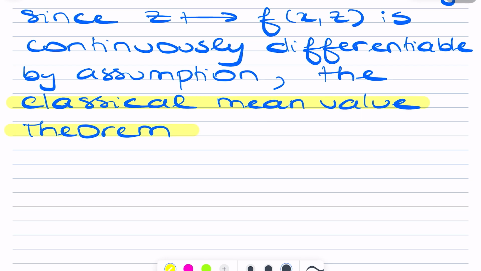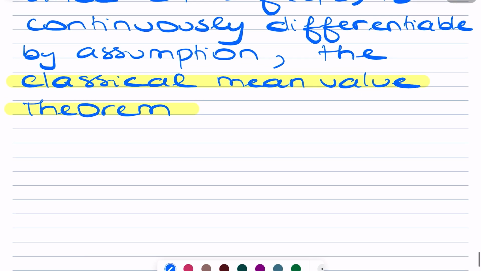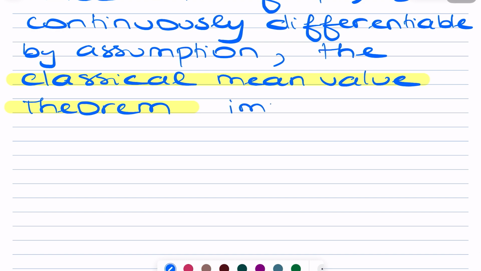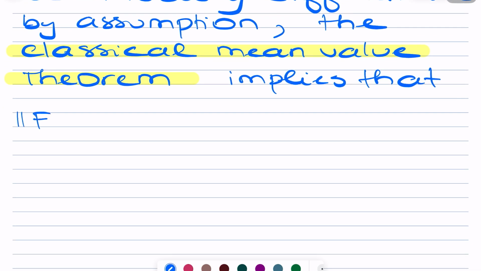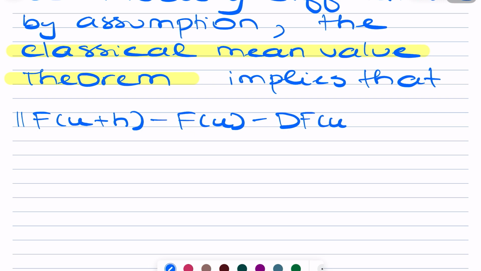So the classical mean value theorem implies that the Lq norm of f of u plus h minus f of u minus this applied to h. The goal is to show that this is little o of norm of h.